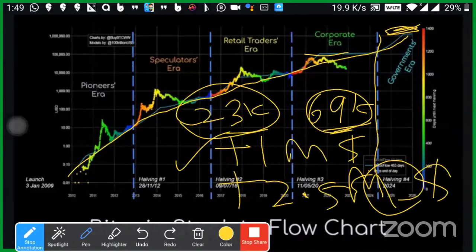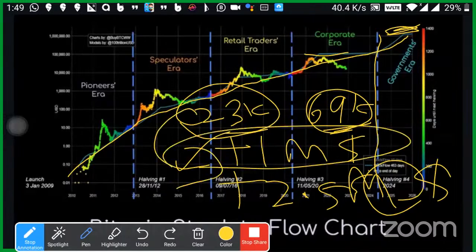And if I told you that Bitcoin is going to cross the 1 million mark, just stay in this market for the next 1 or 2 years. Your own Bitcoin, even if you don't buy more, even if you don't do trading, just keep it holding, keep it inside your wallet. Its value is going to be more than 1 million, what you just bought at the rate of 23,000.